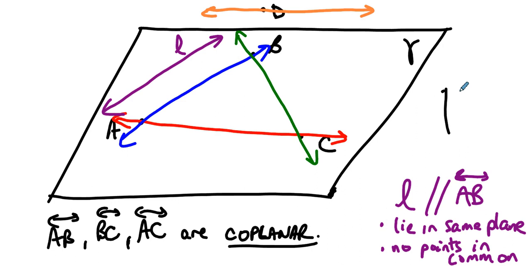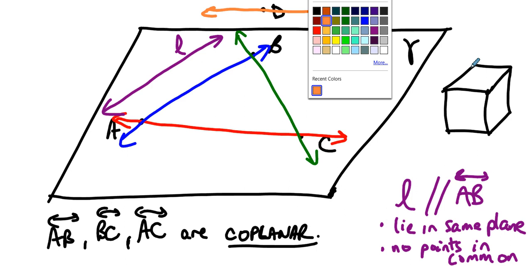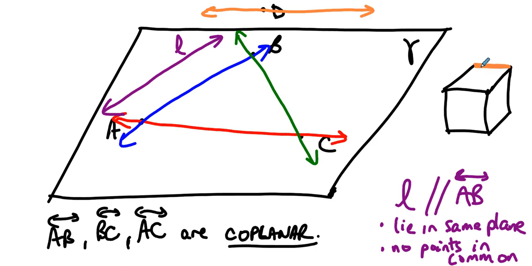Think about the case of your favorite Rubik's Cube, right? The orange line could well be the line containing this edge, but we might end up talking about this red edge. If you were to extend the red edge forever and the orange edge forever, those lines would never cross.